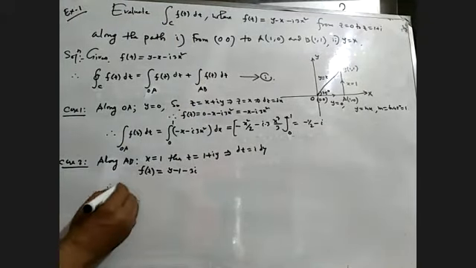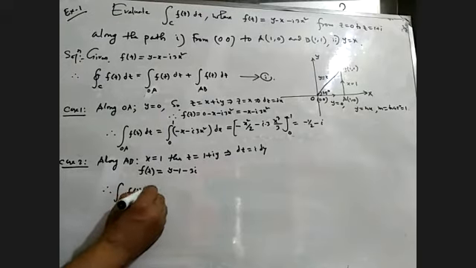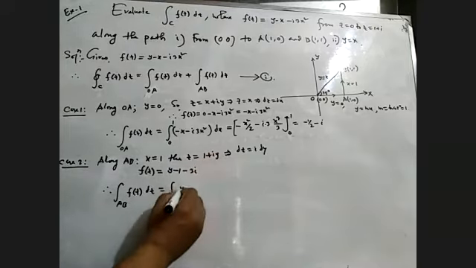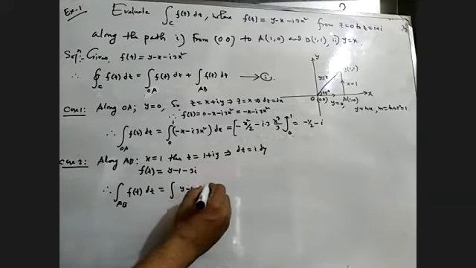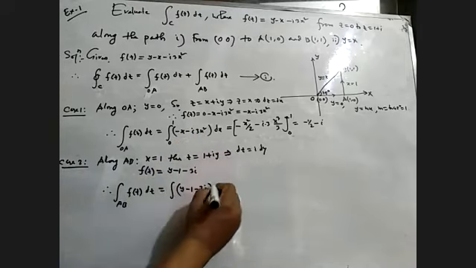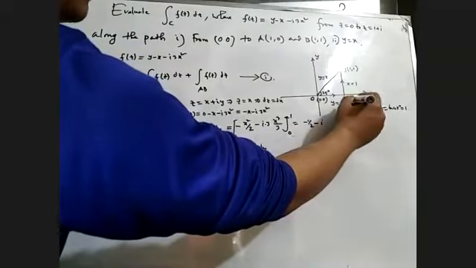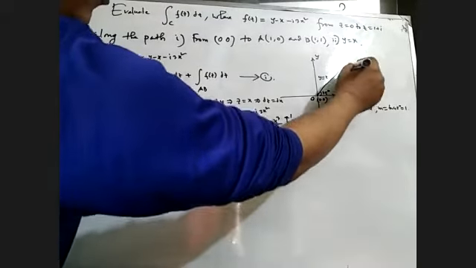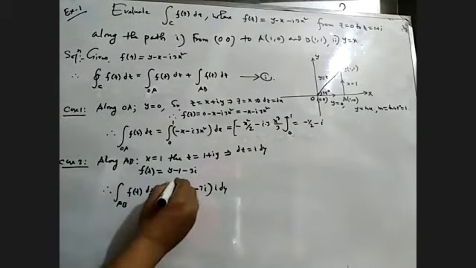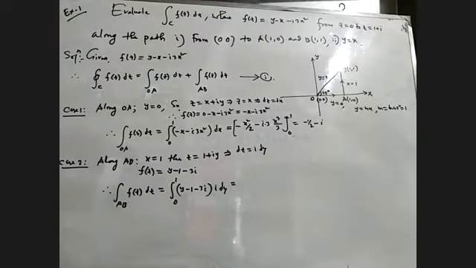Therefore the contour integration along AB of f of z dz: the f of z value is y minus 1 minus 3i, and the dz value is i dy. So y varies from A to B, from 0 to 1, the ordinate 0 to 1. This is a simple integration with respect to y.